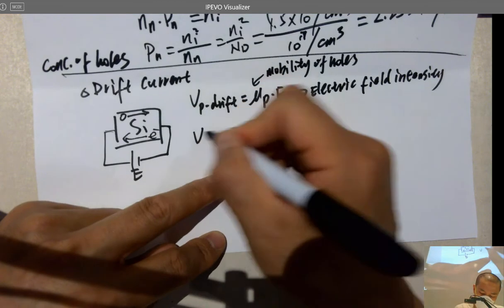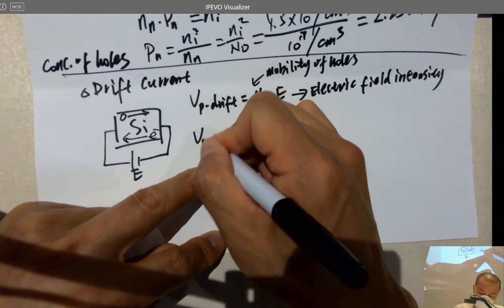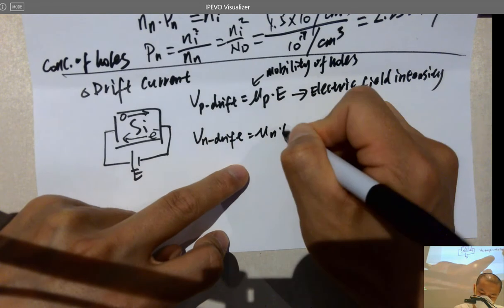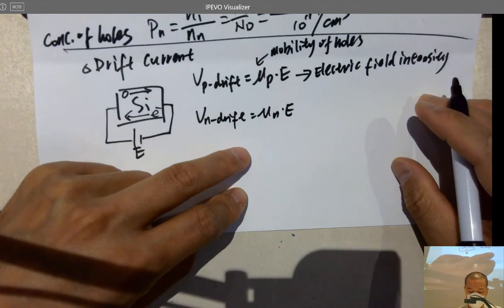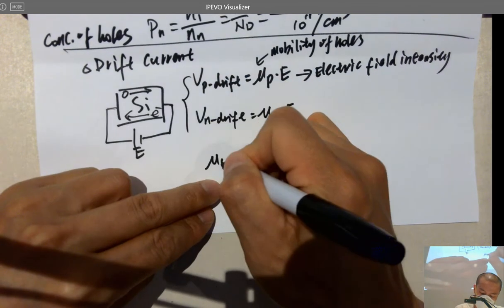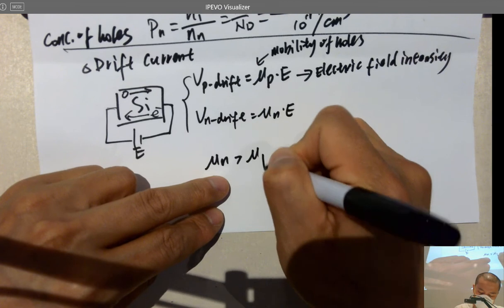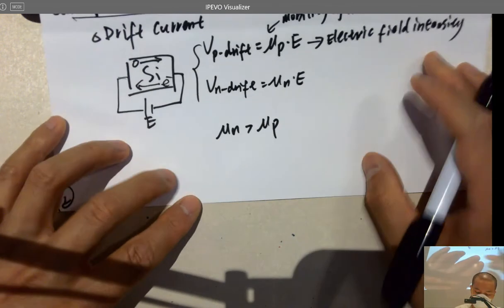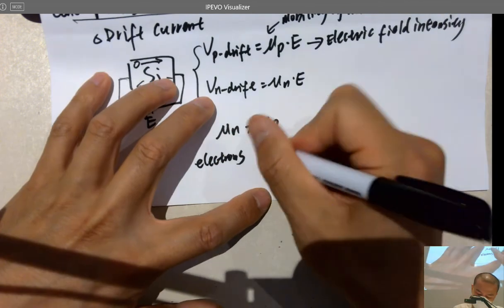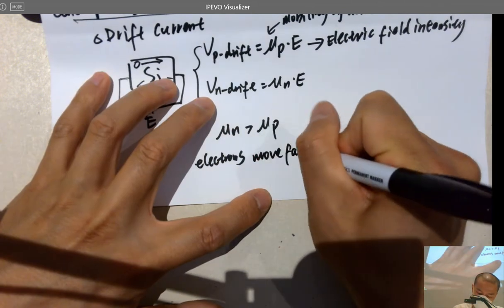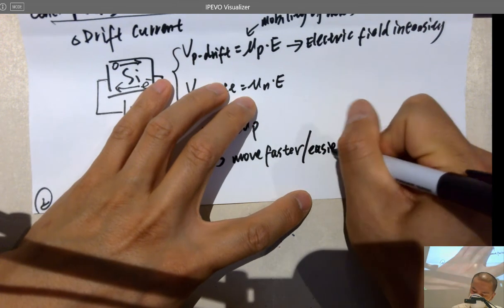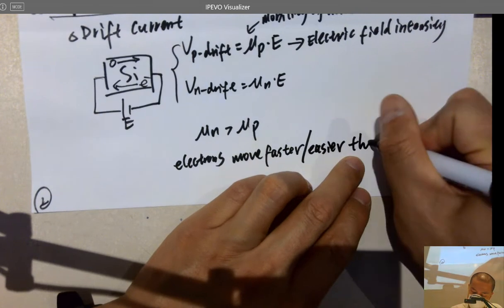Same for the electrons: Vn drift equals mu n times E. And you should know that mu n is larger than mu p, which means electrons move faster or easier than holes.